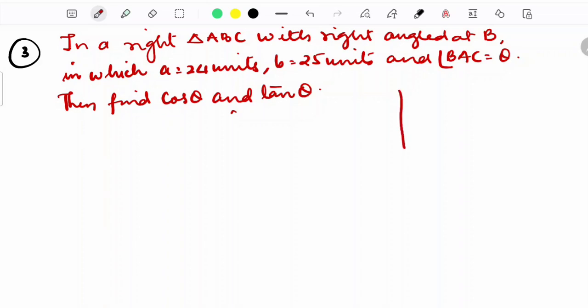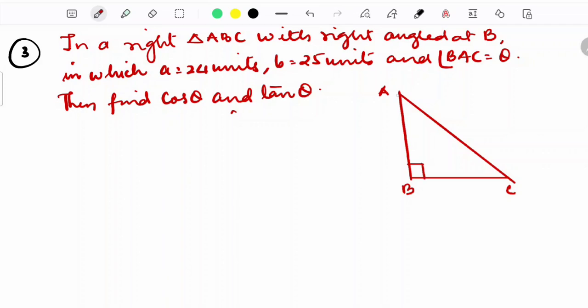So for example, if I am taking this as a right angle triangle A, B and C, this is 90 degrees at B as it is said.